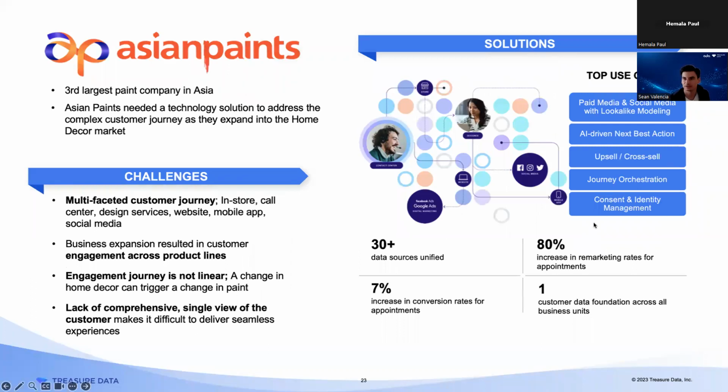Asian Paints, who we also talked about, is moving on to new businesses like the call center. Some of the additional tactics they are engaging in are paid media and social media lookalike modeling, which is also trying to predict within their paid media who their best customers are, focusing on efficiency.